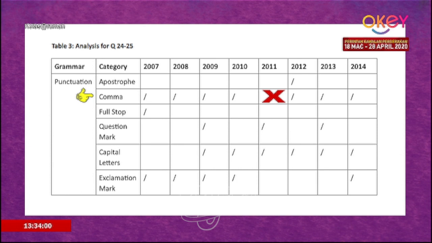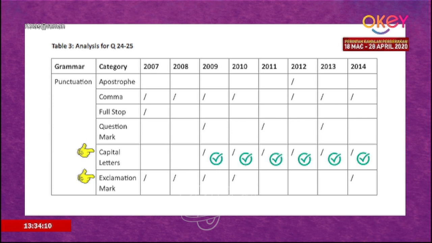The second most popularly asked punctuation marks are capital letters and the exclamation mark. Capital letters appeared every year from 2009 to 2014. Meanwhile, the exclamation mark appeared in 2007, 2008, 2009, 2010, and 2014.